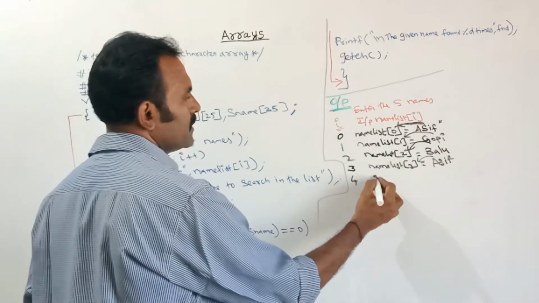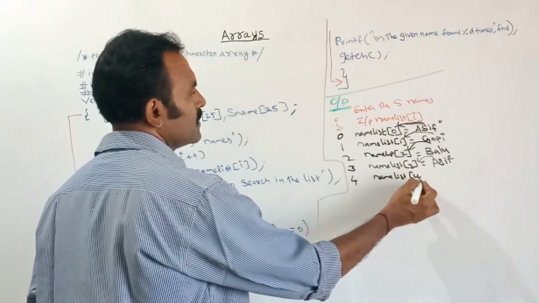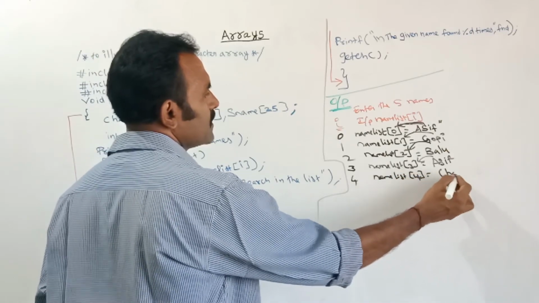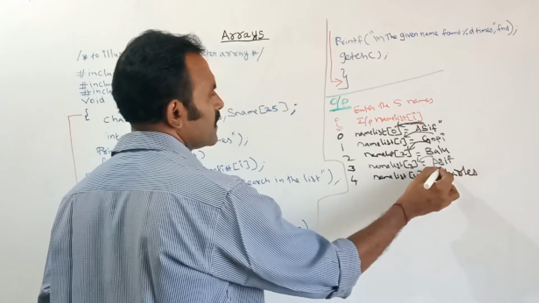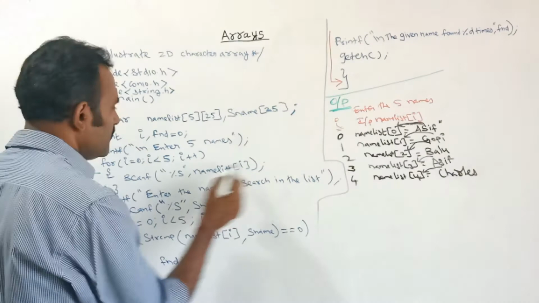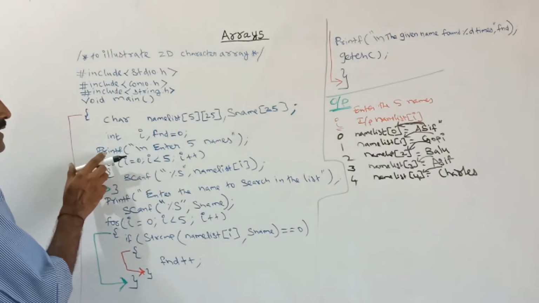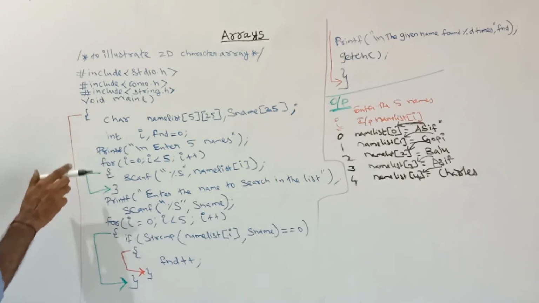Next, the fourth position: suppose you are giving Charles, this name Charles is stored to the fourth position. After that, the i value will be incremented to 5, and the condition is false, so it comes outside of the loop.